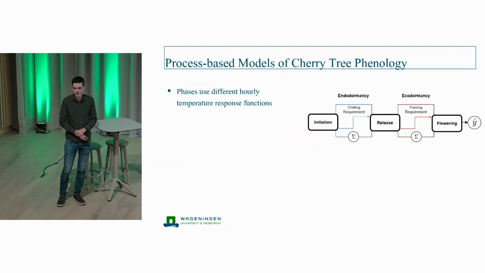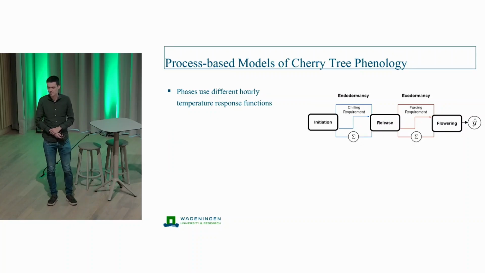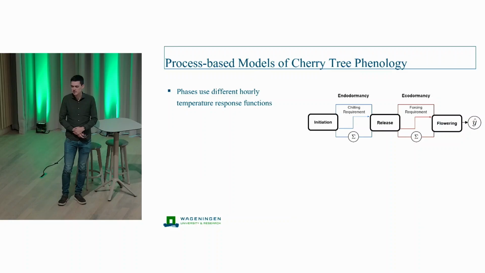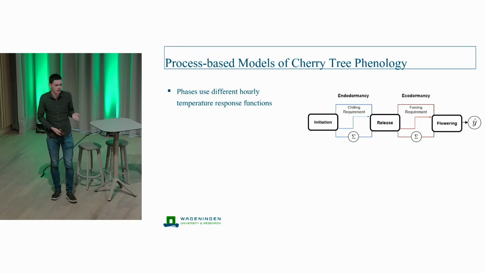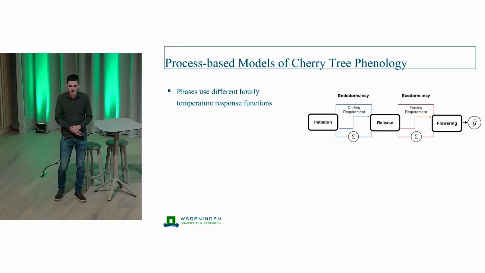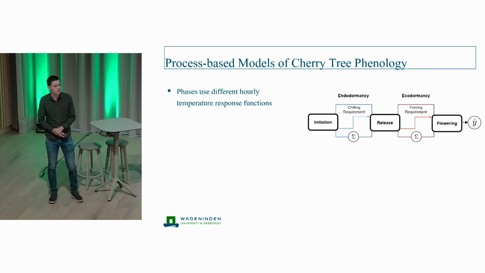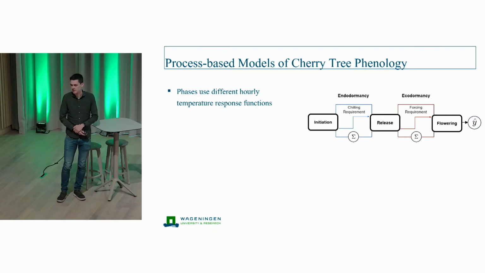To very briefly summarize how these models work, they generally consist of two phases, which are each modeled using these thermal time models. A chilling phase, in which a sustained period of cold temperatures needs to be endured, followed by a forcing phase with warmer temperatures, which both need to accumulate to some threshold, after which flowering occurs.